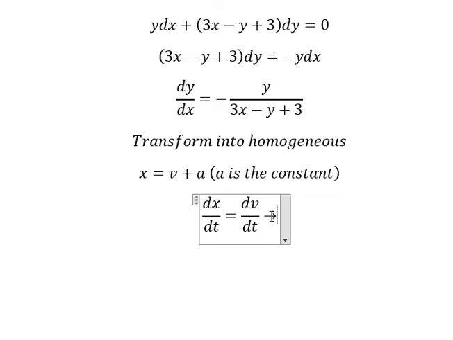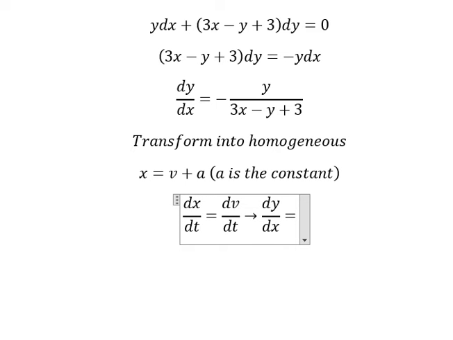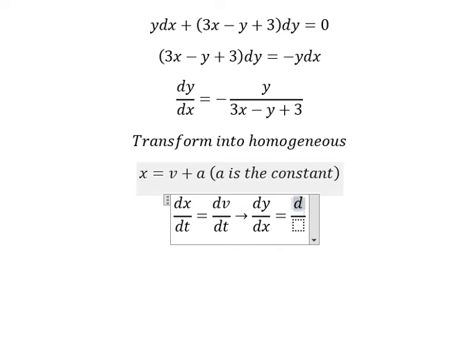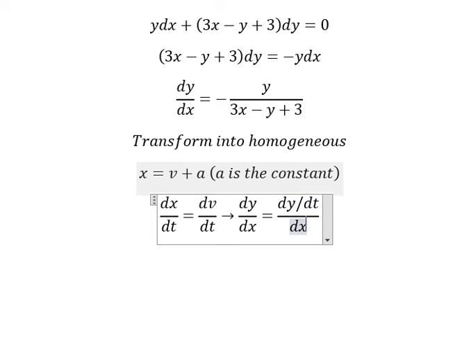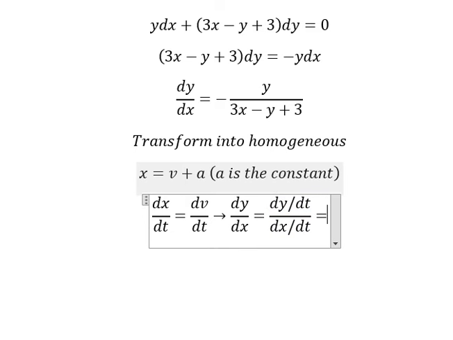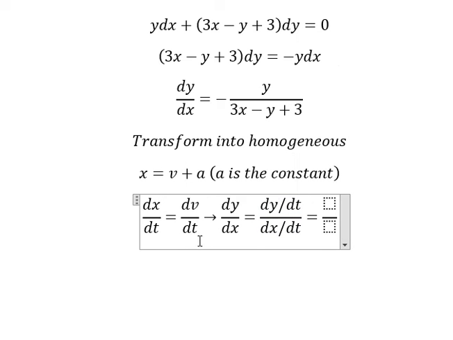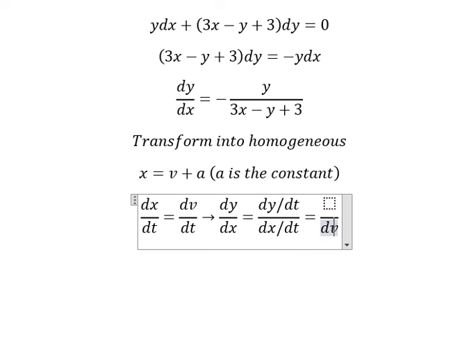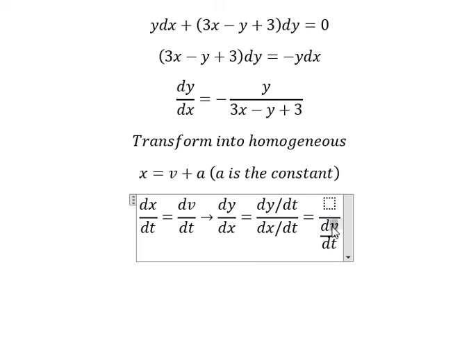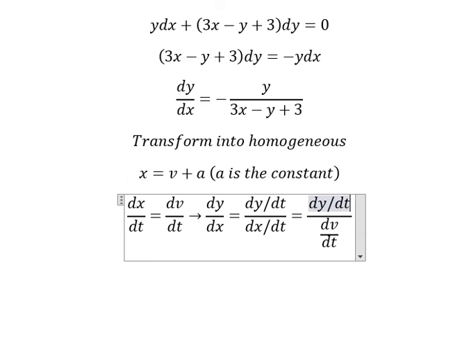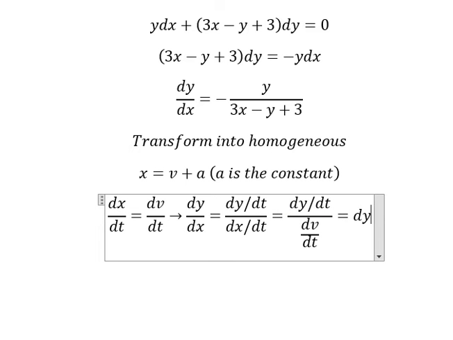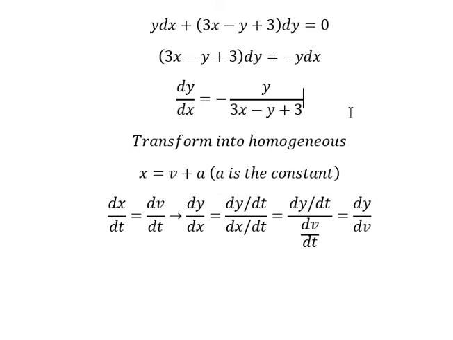Next we have dy over dx equals dy over dt times dt over dx, and we know that dx over dt is dv over dt. Now we need to simplify, and we have dy over dv.